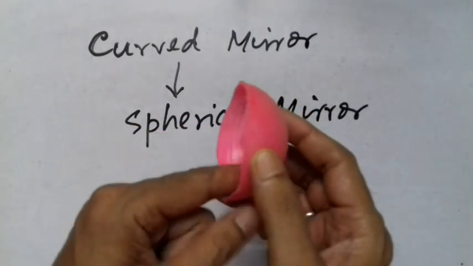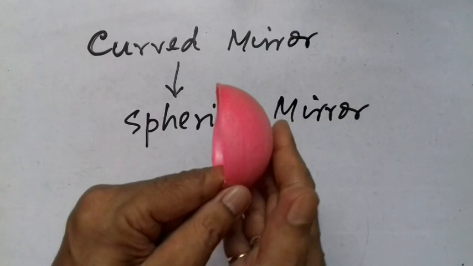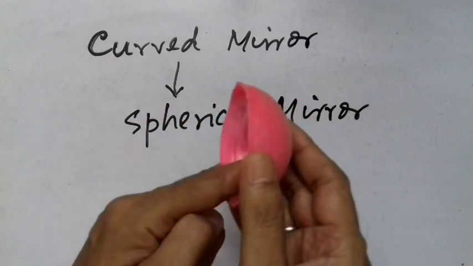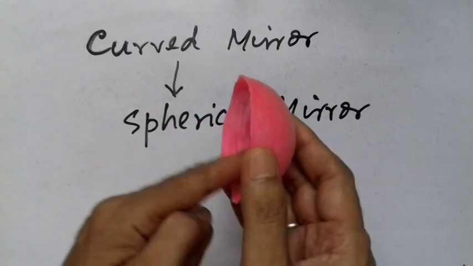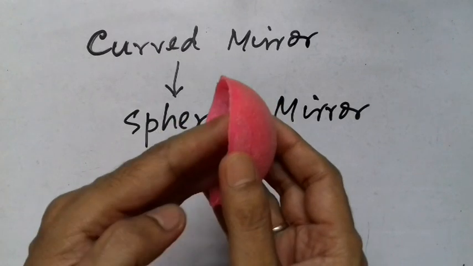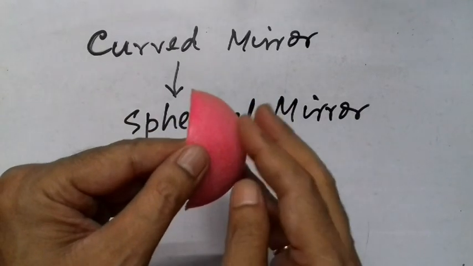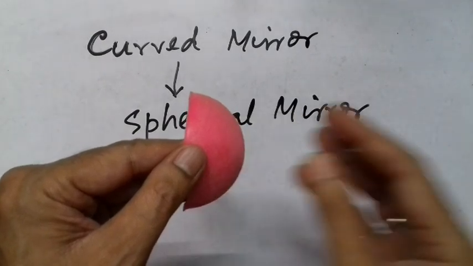Light may reflect from either of these two sides. If the inflated side is coated, light will reflect from the depressed side. In that case, the mirror is called a concave mirror. If the depressed side is coated and light reflects from the inflated side, the mirror is called a convex mirror.